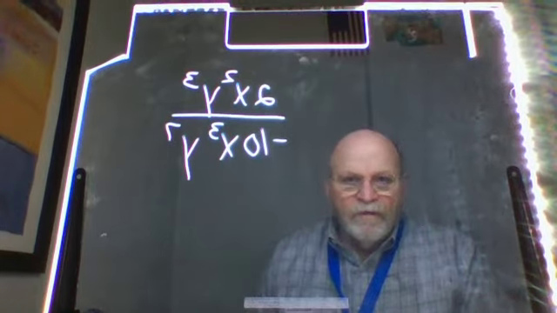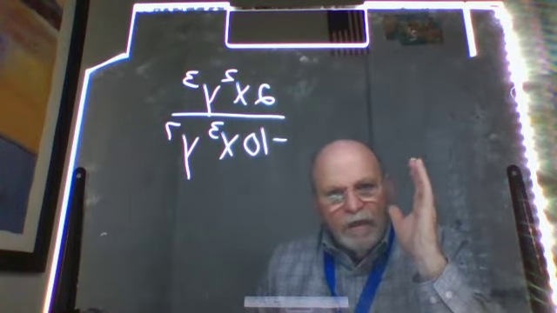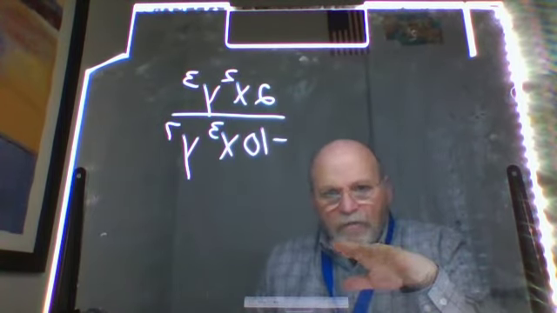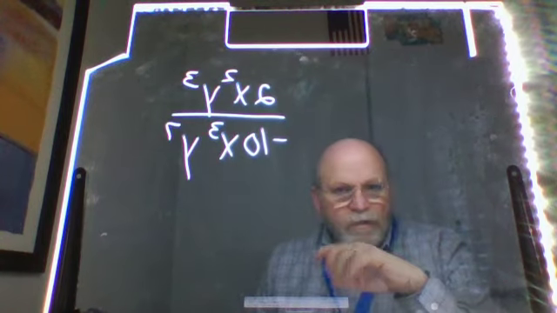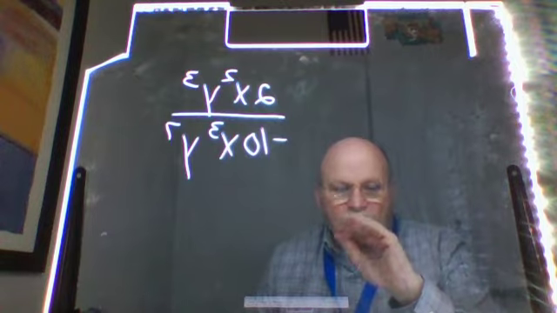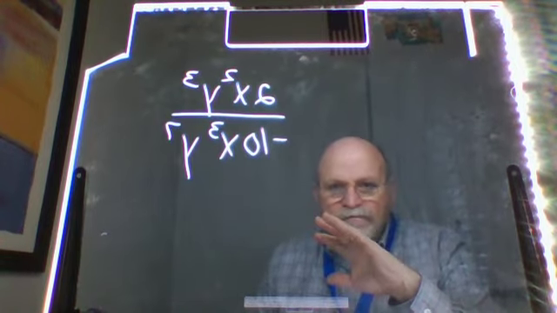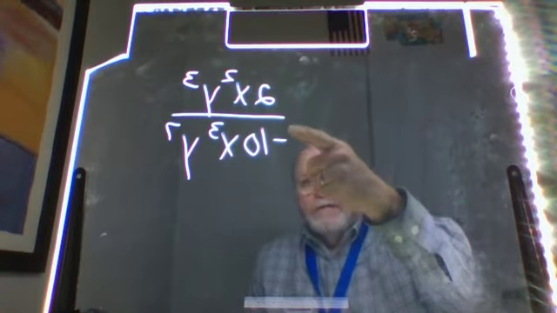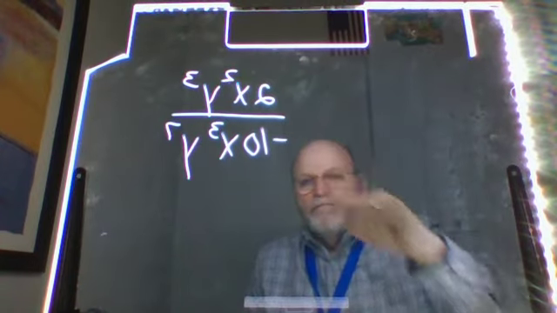Okay? So again, these are monomials. Now remember, what makes them monomials is the fact that there's no addition or subtraction going on, right? It's only multiplication and division. And so each one of these is its own monomial here.